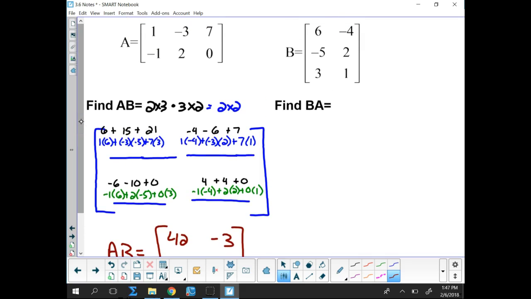B times A now. Matrix B is a 3 by 2 matrix. Matrix A is a 2 by 3 matrix. So that result is going to be a 3 by 3 matrix. Yes? See if we can sneak it in here.